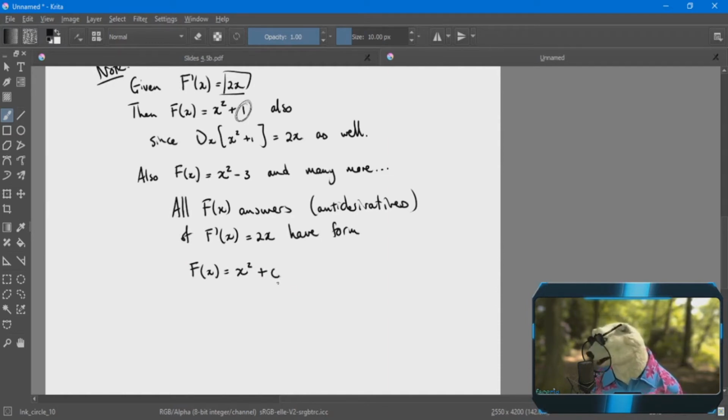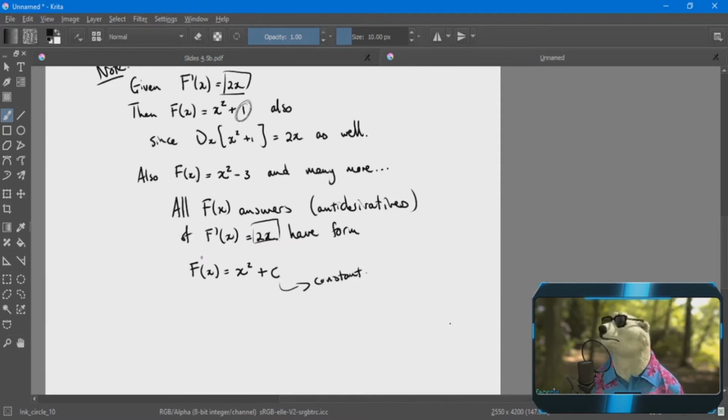Now I just say plus c because c itself could be negative, but c is just a constant. When I take the derivative, that constant has to be 0 in the derivative, and I just have a 2x, which I'm aiming for. This is my target that I need to get.